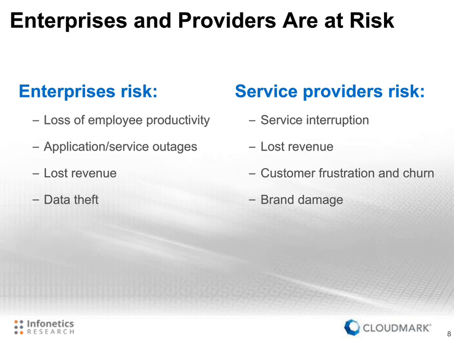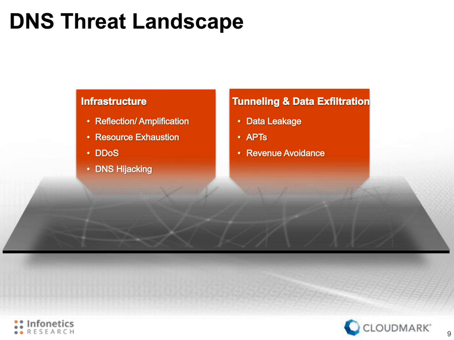So, we're going to go over threats in some detail in the next section. Neil and I are going to go back and forth and discuss them. But really they fall under two major categories: threats against the infrastructure, reflection and amplification attacks, resource exhaustion attacks, DDoS, hijacking attacks, and then tunneling and exfiltration. If we were to break this into the past, or what we know about and what's already happened and we're really scared of today, I would put that mostly under the infrastructure attacks.